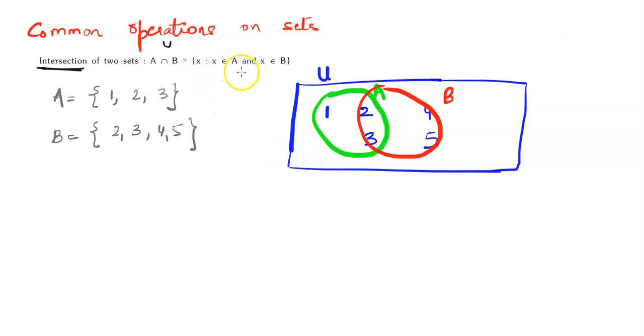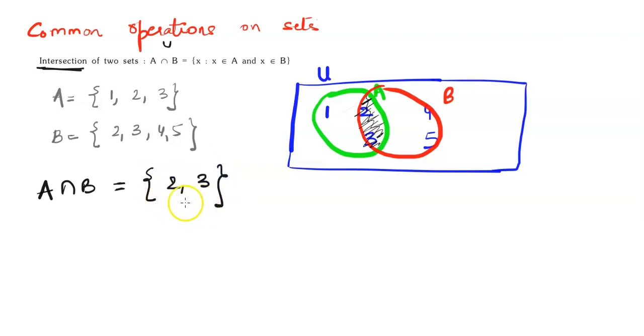Now it says X belongs to A, so basically all of these elements, and X belongs to B. The only area which belongs to both A and B is this. So if I need to write A intersection B, I would write that set as 2, 3.